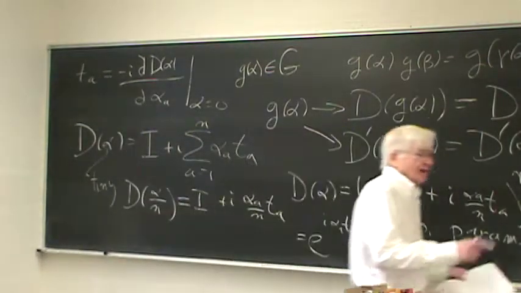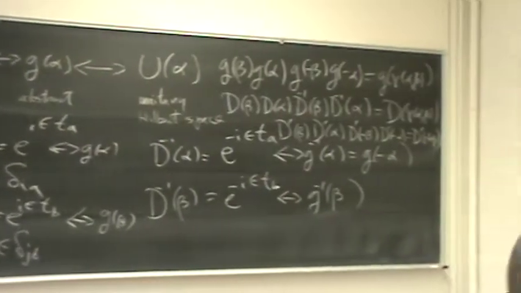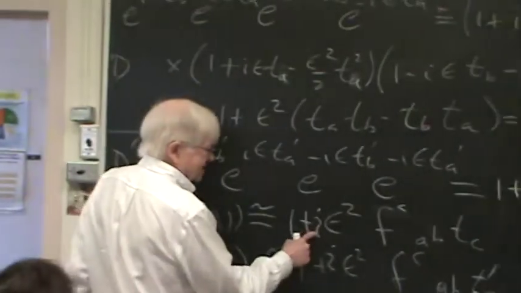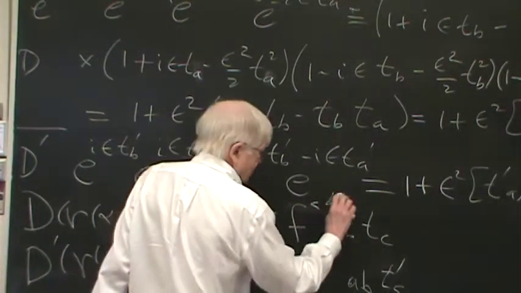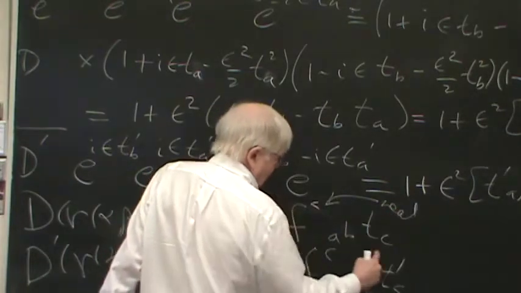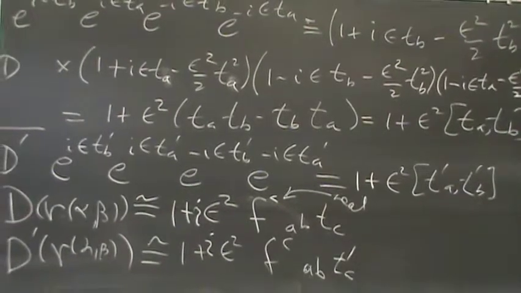And so consequently, since gamma represents a group element near the identity, D of gamma has to be 1 plus i, something small, something real, times the T's, the generators. So that's how it works.